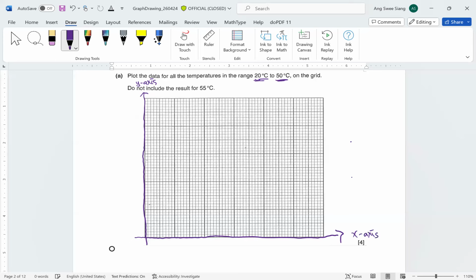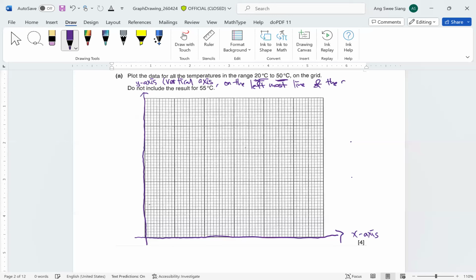So the y-axis is the vertical axis, and usually I put it on the leftmost line of the grid area.